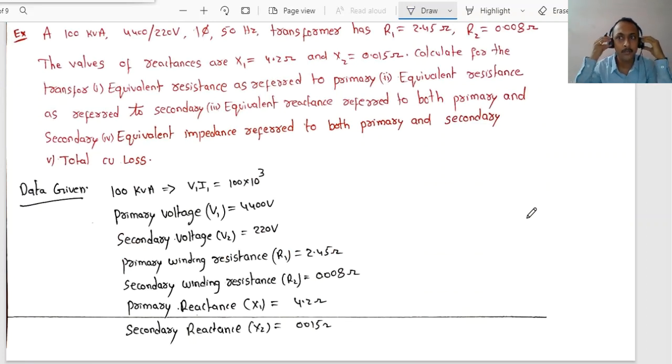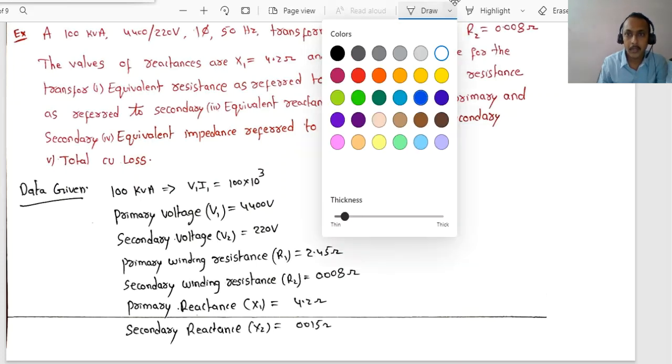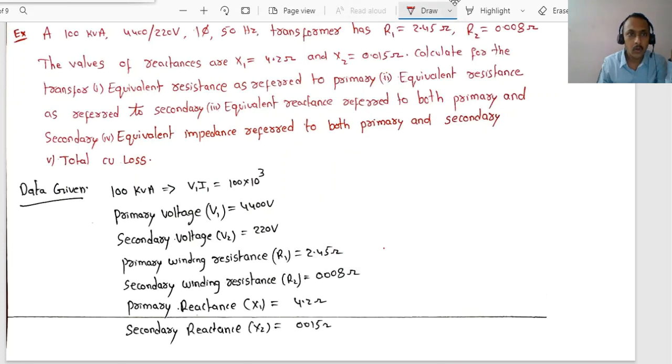On observing this problem, dear students, please focus. A 100 kVA, 4400 by 220 volt, single phase, 50 Hz transformer has R1 equal to 2.45 ohms, R2 equal to 0.008 ohm, and the values of reactances are X1 equal to 4.2 ohm, X2 equal to 0.015 ohm.